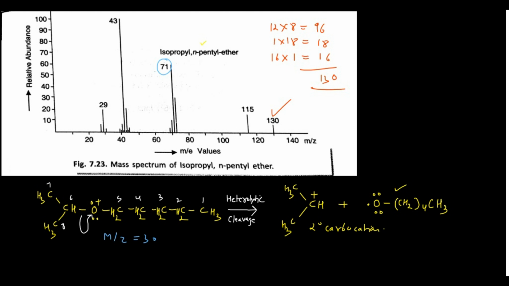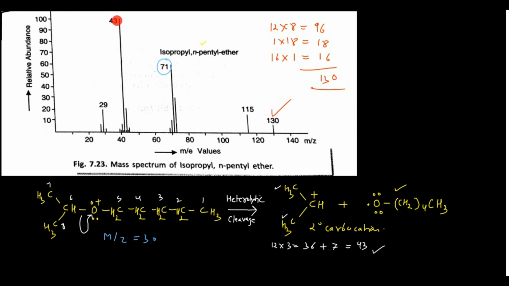What is the molecular weight of this secondary carbocation? It's quite easy to calculate. 3 carbons are there, 12 into 3, that is 36, plus how many hydrogens? 7 hydrogens are there. That will give you 43, the M by Z value of 43. Let's check whether this M by Z 43 is there or not.